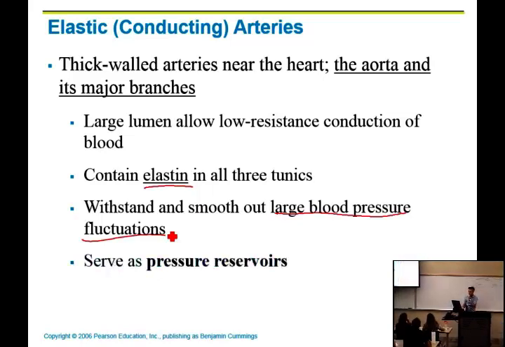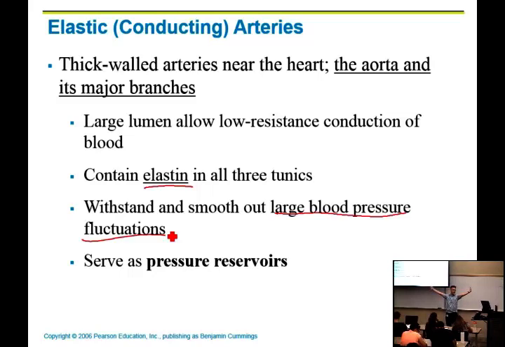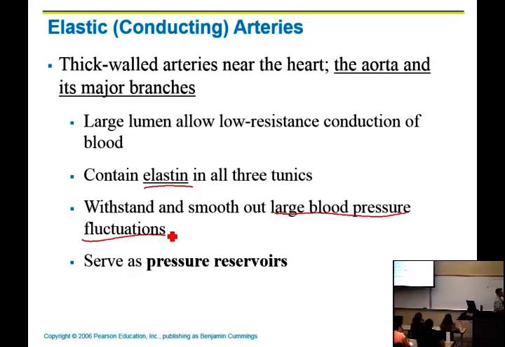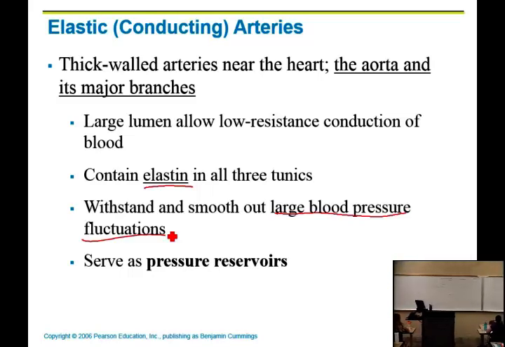So they do this elastic expansion, and they don't blow out, and then they do this rubber band snapback because of the elastic fibers. If you think about it, when the ventricles are contracting, we've got this big 70 mils that we're pushing out.